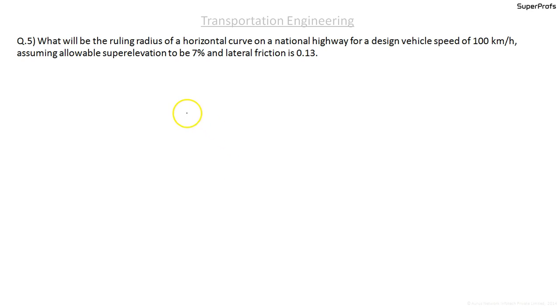So the next question is, what will be the ruling radius of horizontal curve on a national highway of a design vehicle speed of 100 km per hour? Let us write down V equal to 100 kilometers per hour, which is equal to 27.77 meters per second.